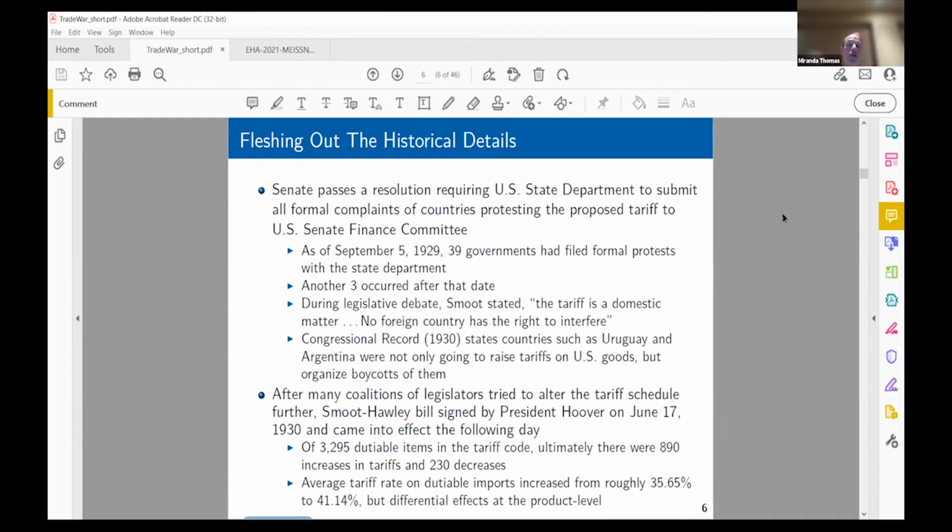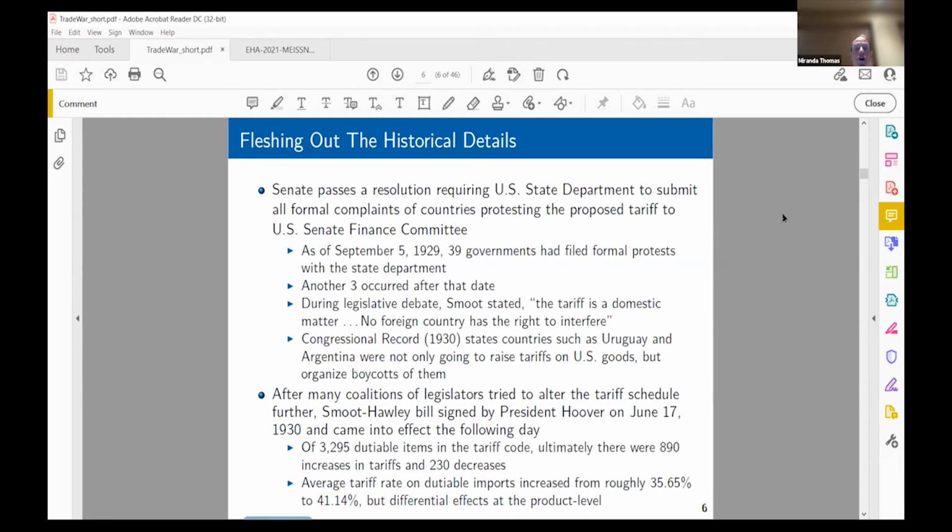I don't have time to get into the historical details, but most of you probably know that this was a major piece of trade legislation that resulted in more than a third of all product categories under the entire tariff schedule changing, with the majority of them seeing increases in rates, and the minority falling.